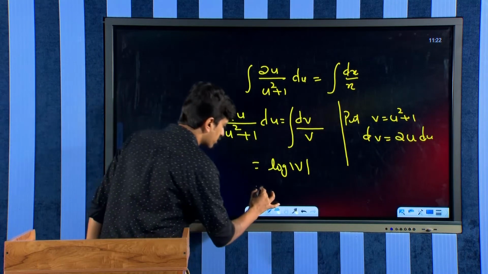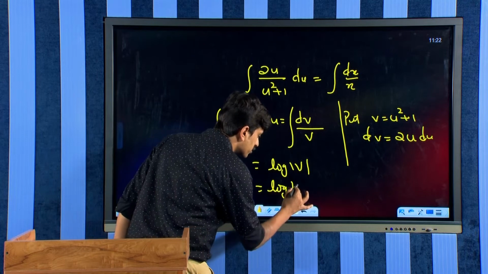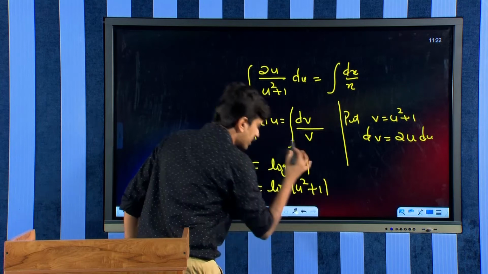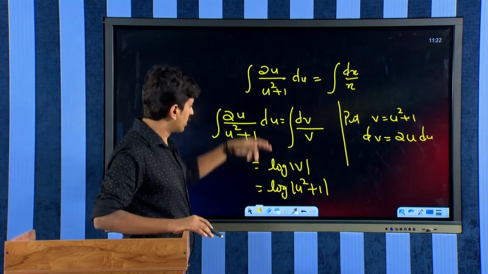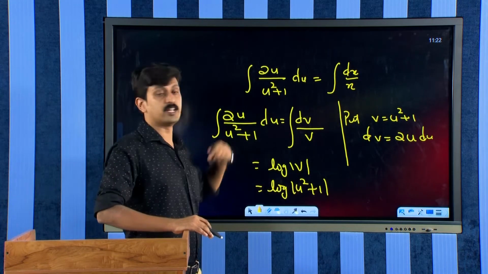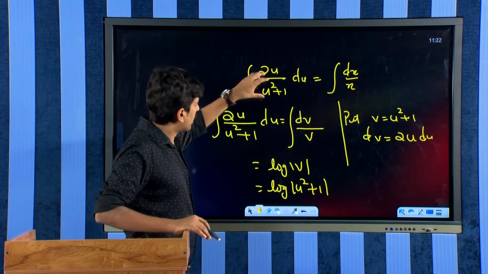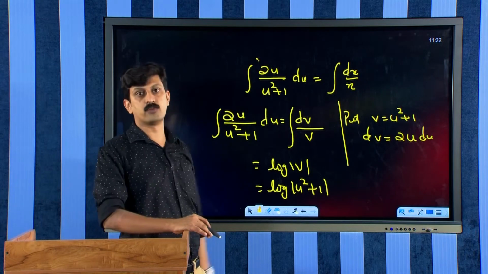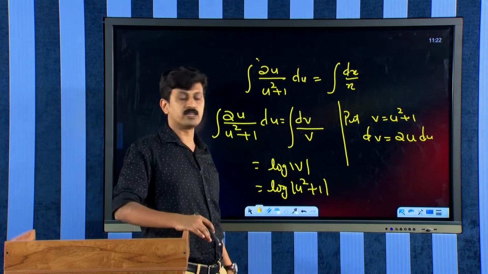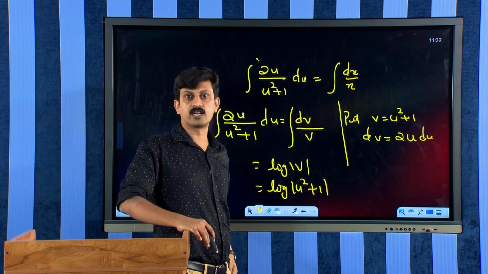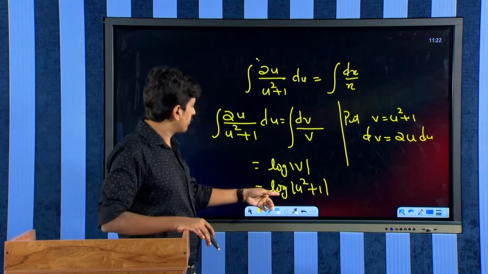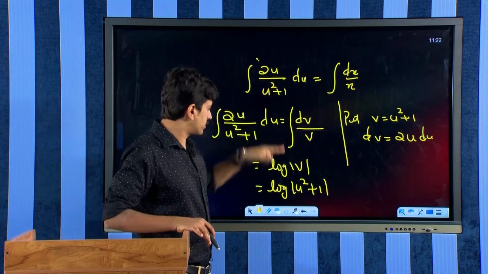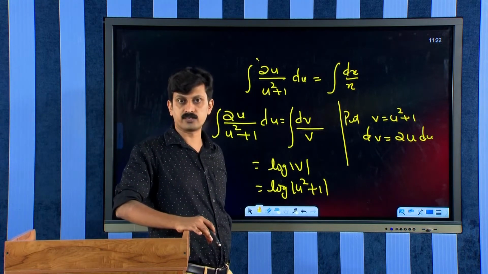Therefore, this is equal to log mod u square plus 1. It is fine: the derivative of the denominator is 2u, which is there in the numerator. That is why the logarithm of the denominator is the integral value. Now we found the integral of 2u divided by u square plus 1 du as log of u square plus 1.